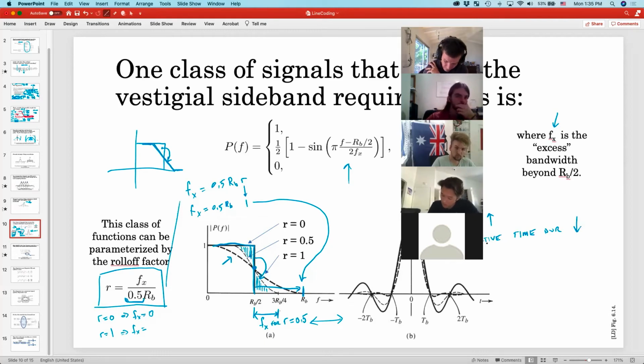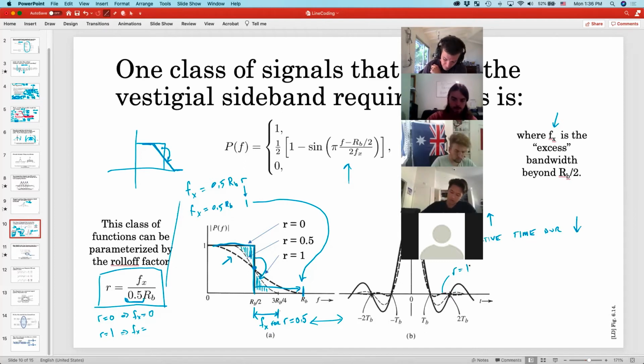So, for example, these thick dashes correspond to r equals 1, and even before we get to the second null of the sinc, this waveform, which is not a sinc anymore, right? Because it doesn't have a rectangular transform in the frequency domain, but this time domain waveform has already become indistinguishable from 0.